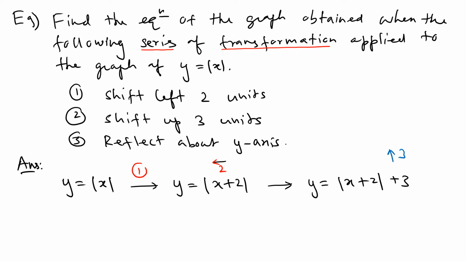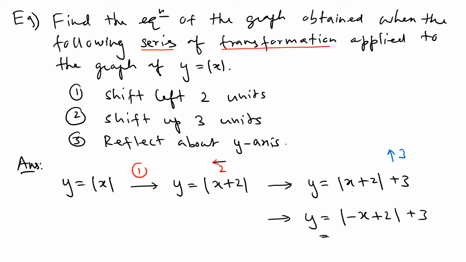And the next step, what we can do is reflect about the y-axis. When you reflect about the y-axis, that means you're going to change it horizontally. That means you're going to change the function inside. That means you replace x by negative x. So that means we have y equals absolute value of negative x plus 2, plus 3.